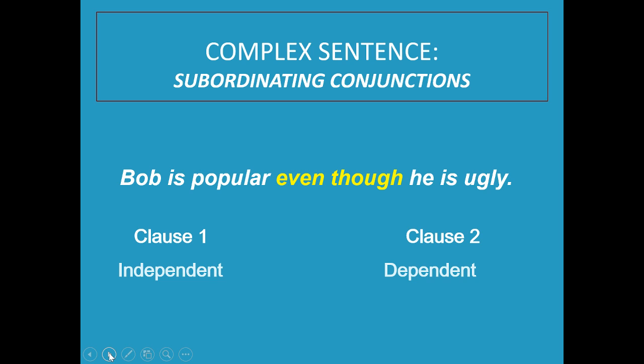We'll say "even though he is ugly." That part is the dependent clause. Now when we say "Bob is popular," we get a full meaning. It is the independent clause. But when we say "even though he is ugly," we will have to take that part together with the subordinating conjunction. It is the dependent clause.